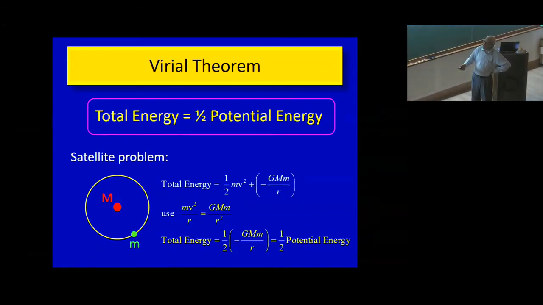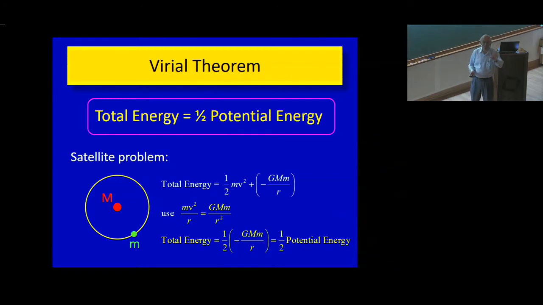So let's get rid of the velocity by using the force equation, which says that the centrifugal force must be balanced by the gravitational force: mv squared by r is equal to GMm over r squared. If you simplify that, you get the total energy is equal to 1/2 of minus GMm over r, or in other words, that's equal to 1/2 the potential energy. In other words, the total energy of the satellite is equal to 1/2 the gravitational potential energy. So this is a simple proof of the Virial Theorem in a problem which we learned in school.